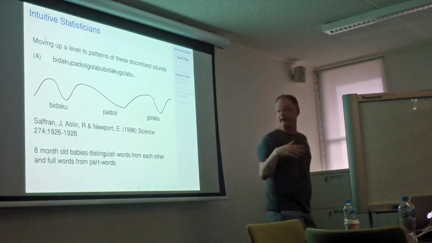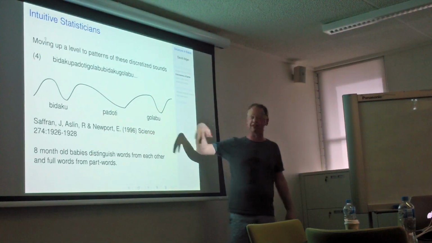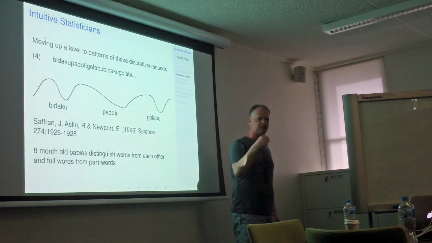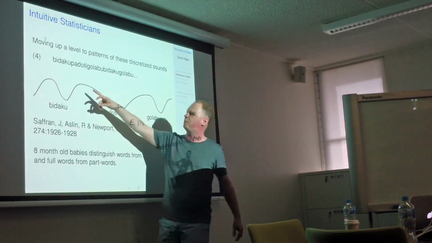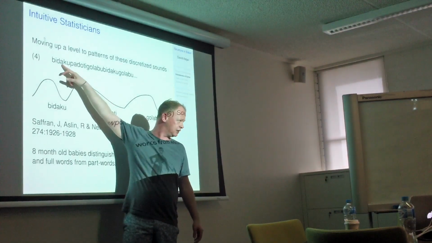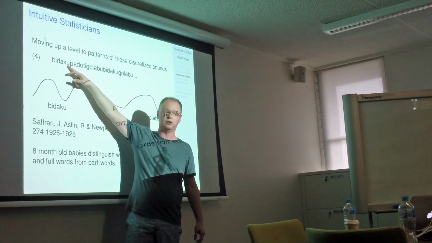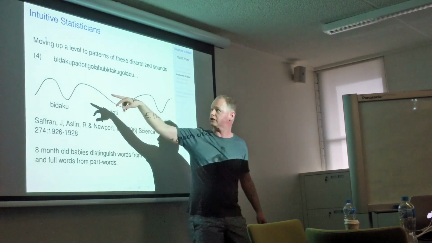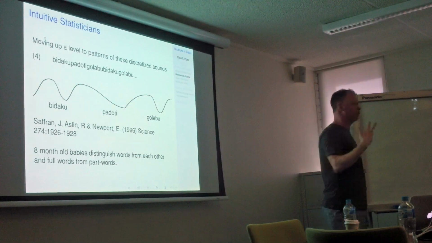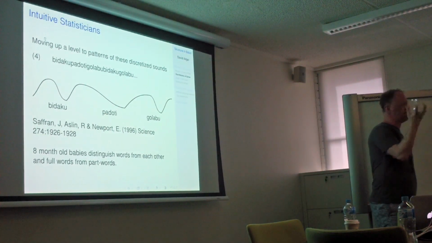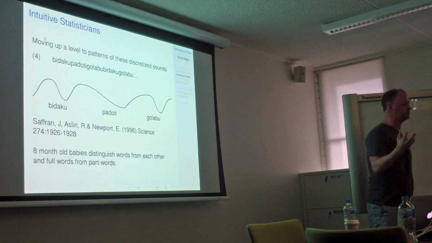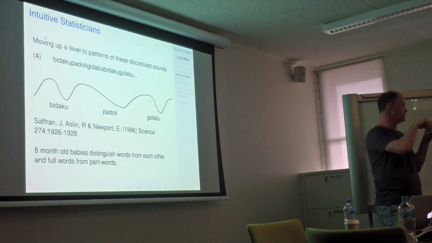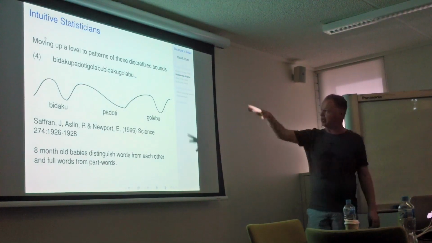And the way that Saffran and colleagues propose that they do this is they attend to the likelihood of the transitions between the different syllables. So after bi, you're very likely to get da. After da, you're very likely to get ku. After ku, you're less likely to get pa than you were to get da after bi, and so on. So what the kids do is they attend to the statistical properties of the signals, and they extract discrete units from these syllables that are pronounced one after the other.